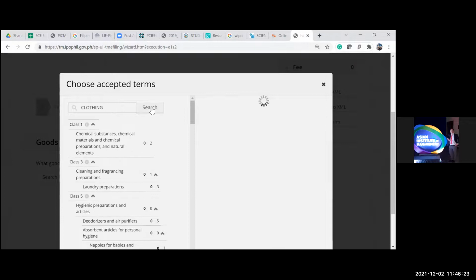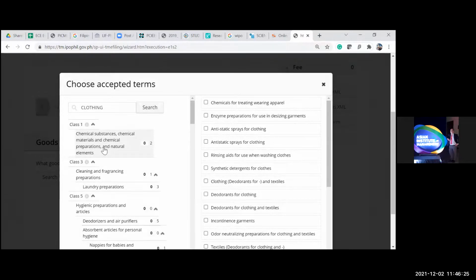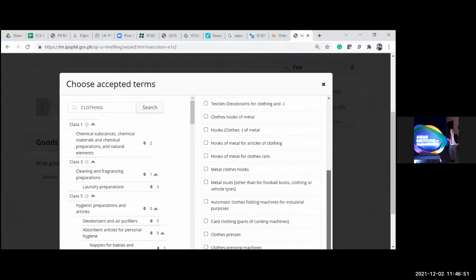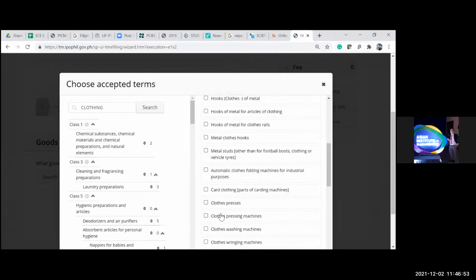Even here it's showing very specific words or phrases, like chemicals for treating wearing apparel. So many things. If you're very particular about clothing, you can check that. Then you can go through all others that are applicable to you.